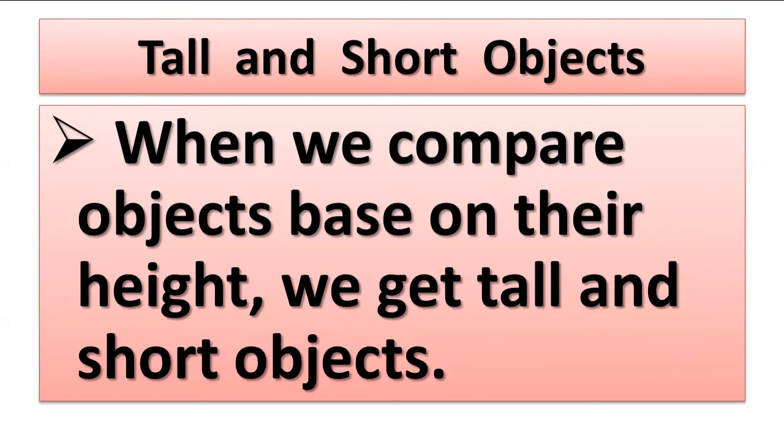The next is tall and short objects. When we compare objects based on their heights, we get tall and short objects. In this picture, we can see tall and short objects. Here, this is a father and this is a son.